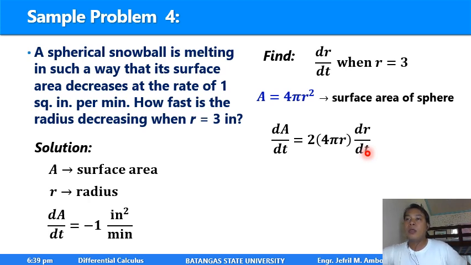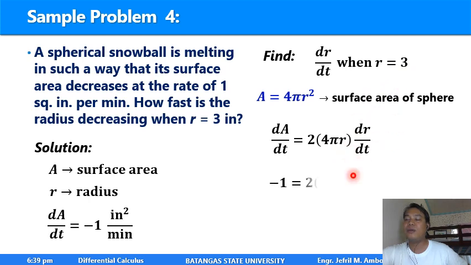Now, after that, we substitute. Di ba sabi ko kanina, after mong kumuha ng derivative, saka ka magsa-substitute. Ano yung dA over dt? Do we know this? Yes, that's negative 1. How about r? Do we know this? Yes, given. Ayun. So, makukuha mo na ngayon yung hinahanap. Now, we plug in the values. This becomes negative 1. This becomes 3.